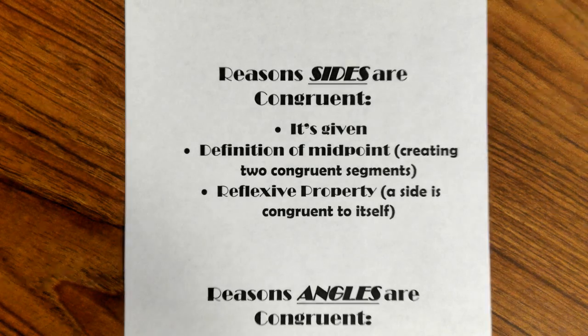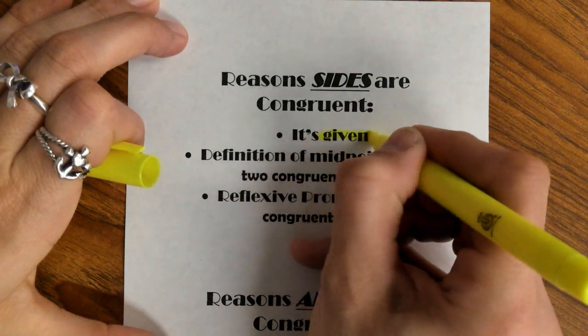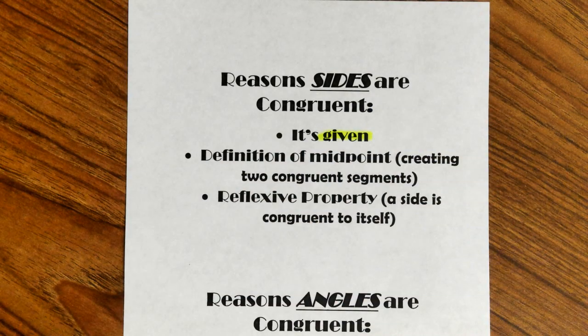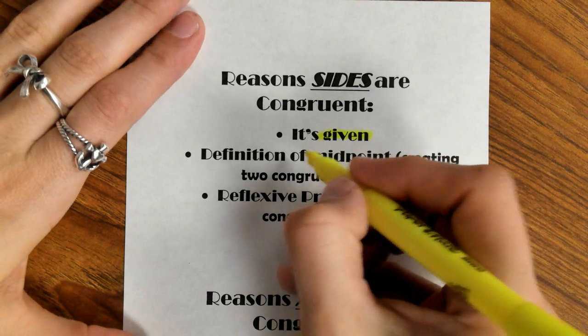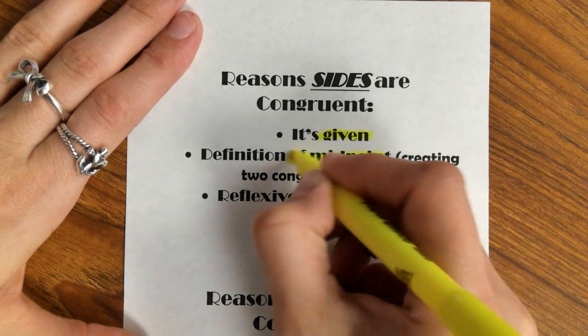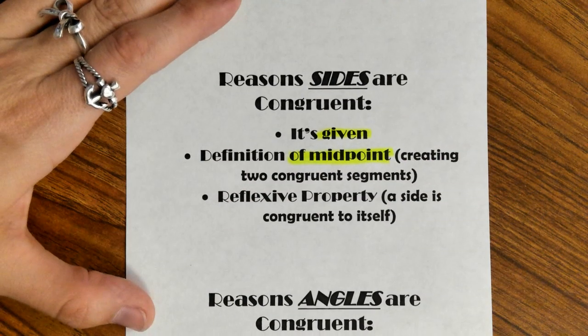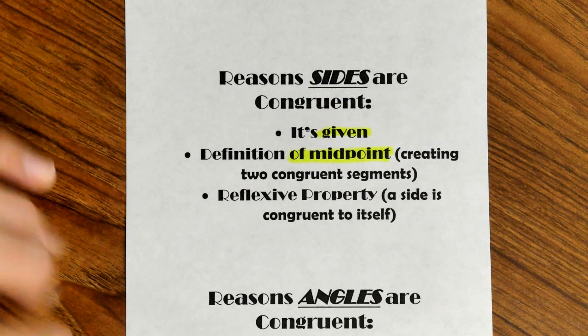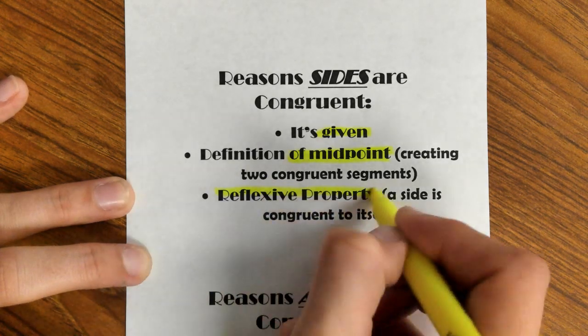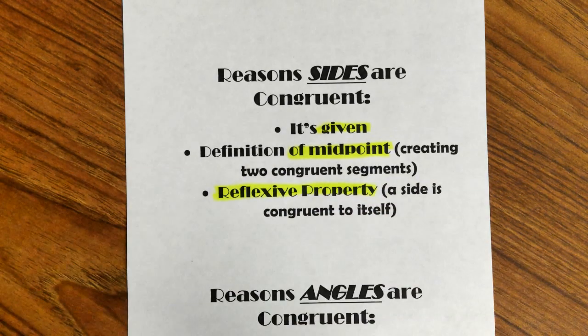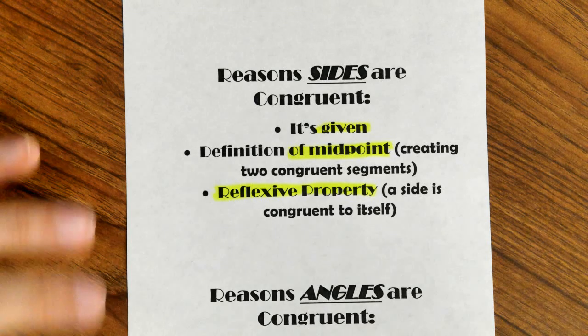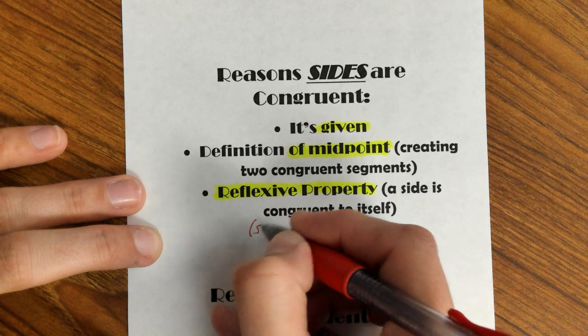We're going to highlight the word given. That might be what you write in the reasons column. We have definition of midpoint. This is going to create 2 congruent segments. You will see all of this. Then you have your reflexive property. A lot of times what happens with this is what I like to call your shared side.